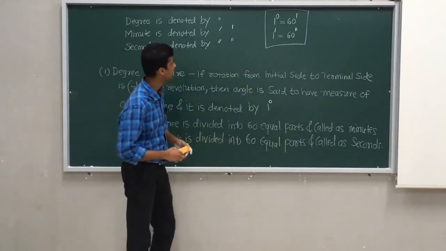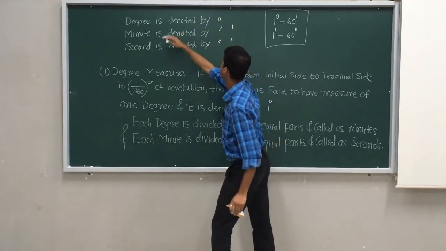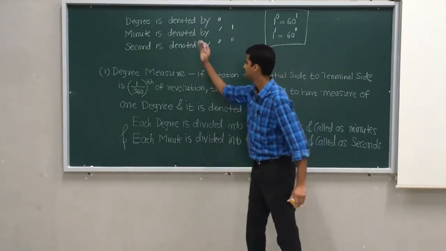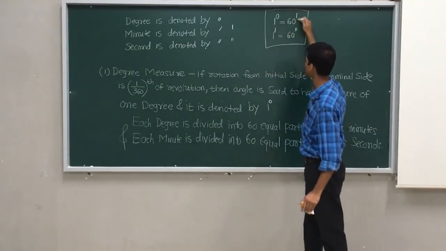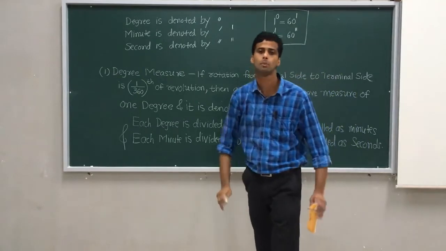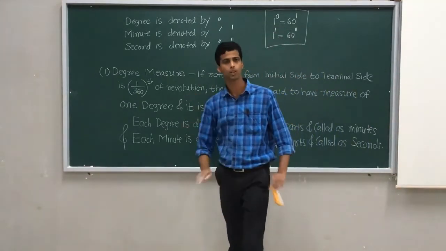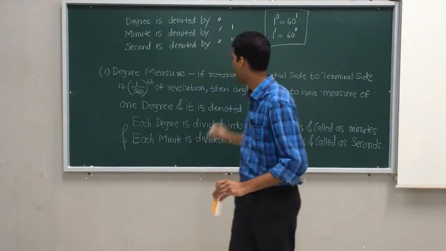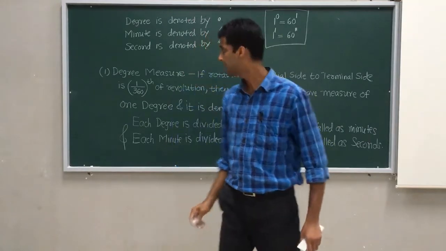With this idea, we define degree, minute as 1 bar, second as double bar. 1 degree is 60 minutes, 1 minute is 60 seconds. That's about degree measure. Now, let me explain what you mean by radian measure. Okay, note down these things.